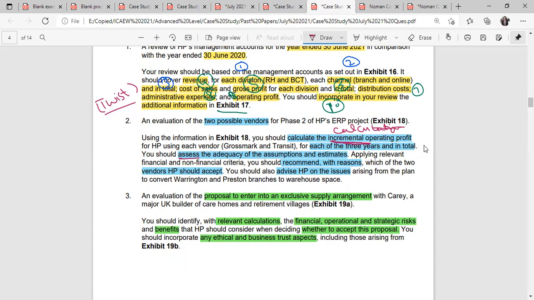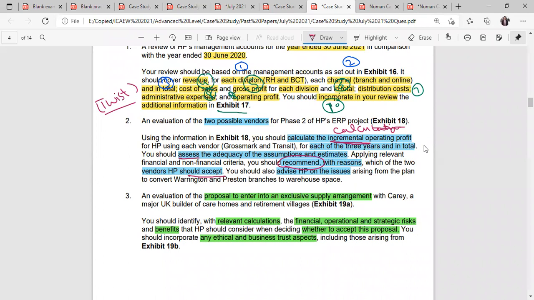Applying relevant financial and non-financial criteria, you should recommend with reason which of the two proposals HP should accept, and why you should accept it, basically. You should also mention the reason why.